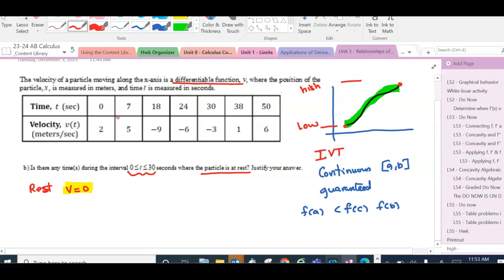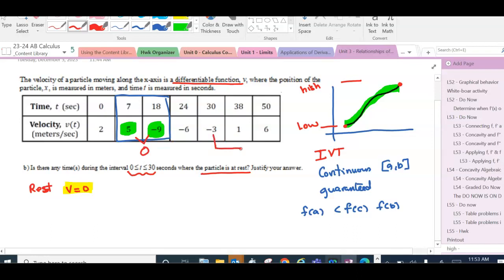So when we look at this table, in this interval, 2 is the low and 5 is the high. So 0 doesn't fit there. But in this next interval, -9 is the low and 5 is the high, and you can see 0 fitting between there.